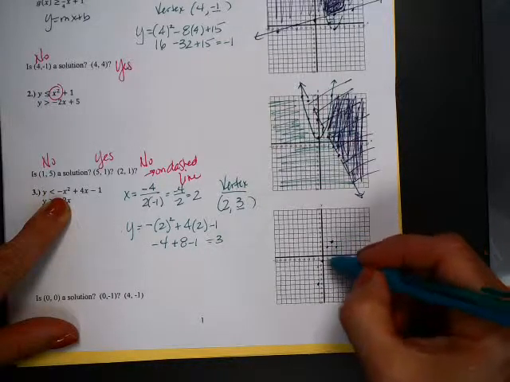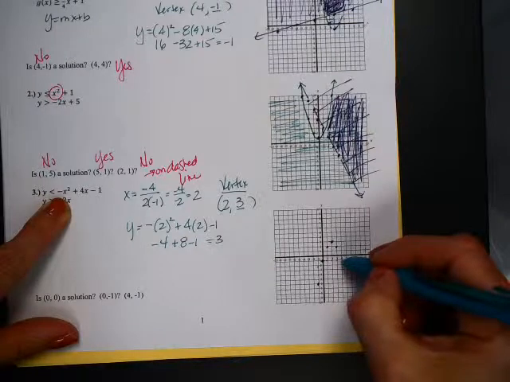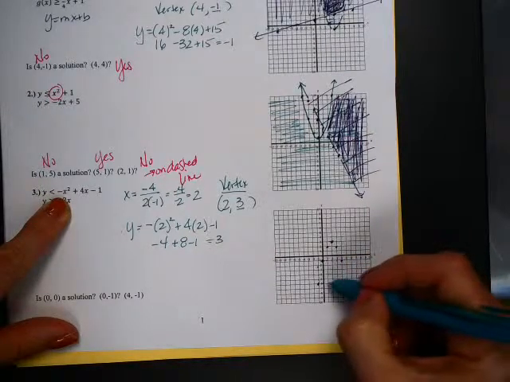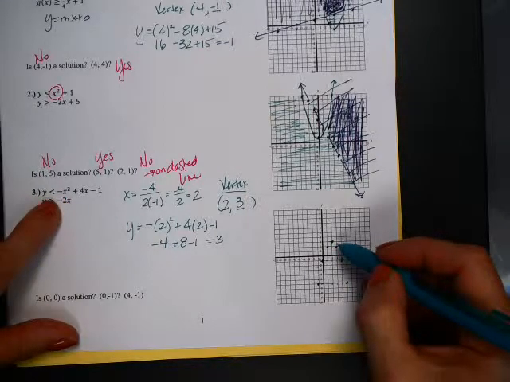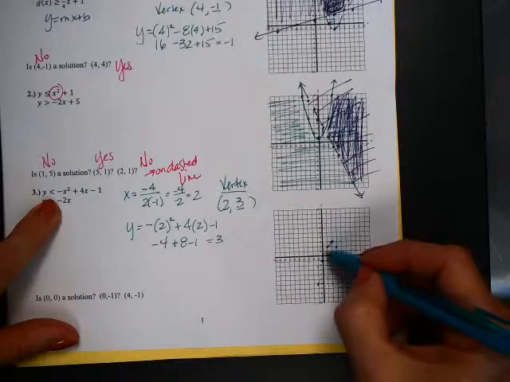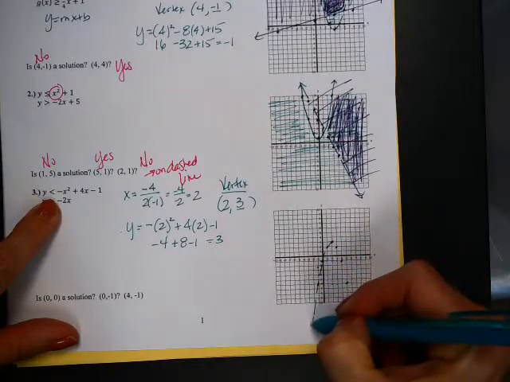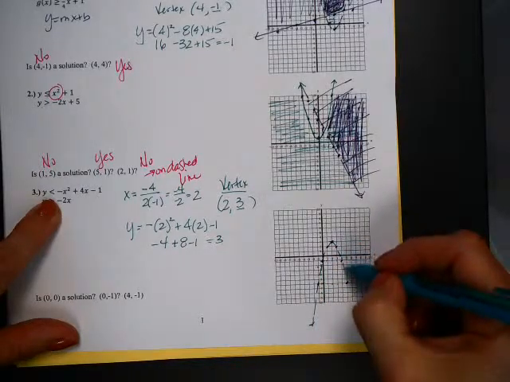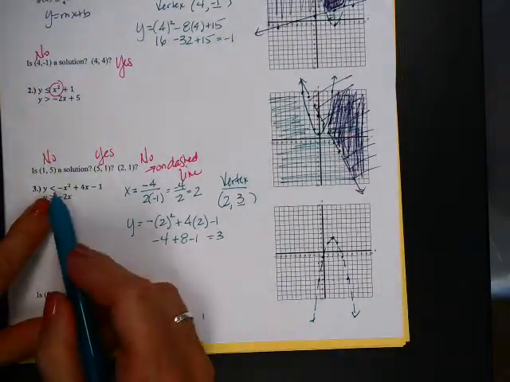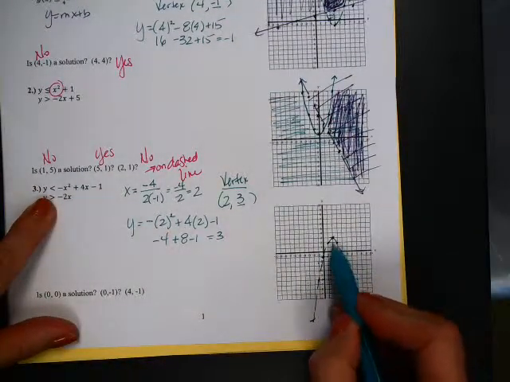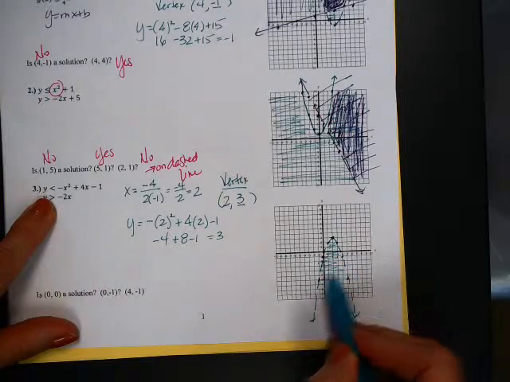Reflect it across, and it does not have an equal sign, so this will be a dashed line. And it is less than, so I will shade below my vertex, which is on the inside here.